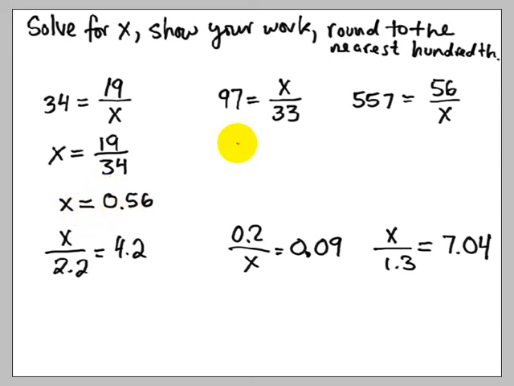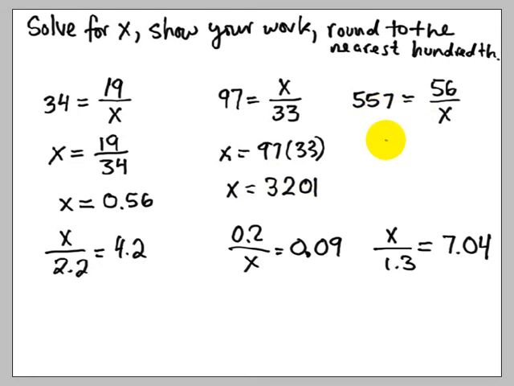Good enough. X here, this times this. That's all there is to it. 97 times 33. And I take my calculator for that. 97 times 33. 3,201.